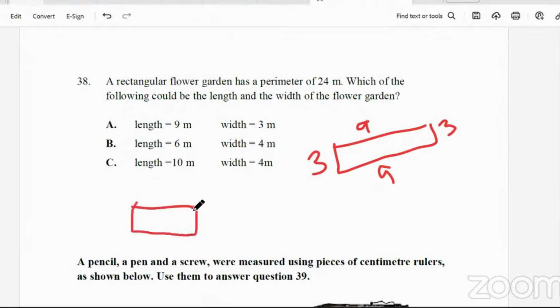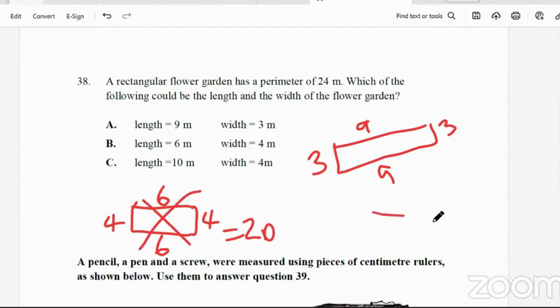Okay, let's do this again. So we have 6 and 4, 6 and 4. 6 plus 4, that's 10. Another 6 plus 4, that's 10 again. So this would have given us a perimeter of 20, and this would be incorrect.